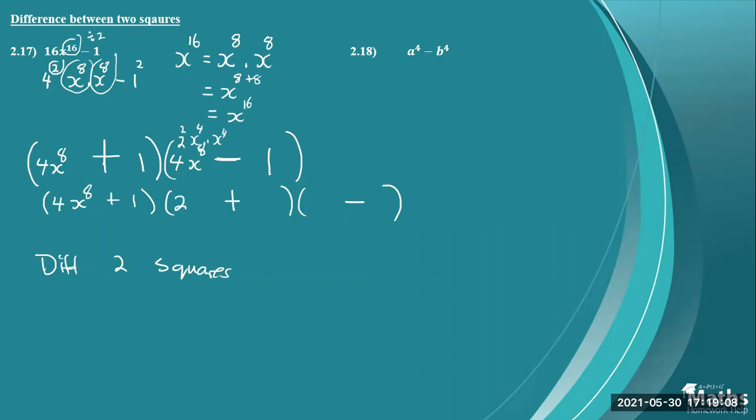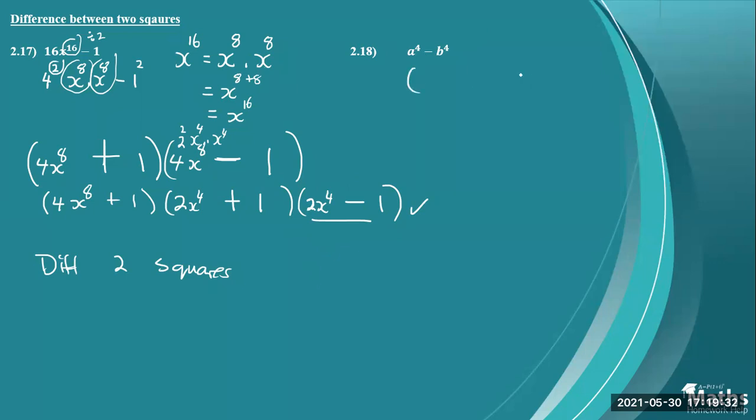So this will be a 2 and an x to the power of 4 plus 1, and a 2, an x to the power of 4, and a minus 1. Can I continue with this? No, I can't. So here you have to stop, because you can't do anything with a 2. You can't get the square root. So this is where you stop.